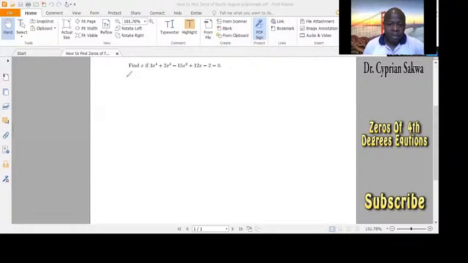So let me begin with x equals 1 and see whether it's a root. I put 1 where there is x. So this would be 3 times 1 raised to 4 plus 2 times 1 raised to 3 minus 15 times 1 raised to 2 plus 12 times 1 minus 2.